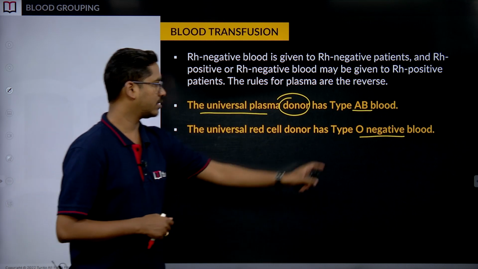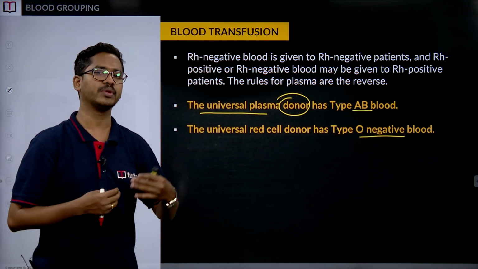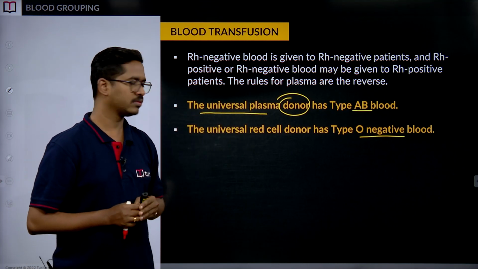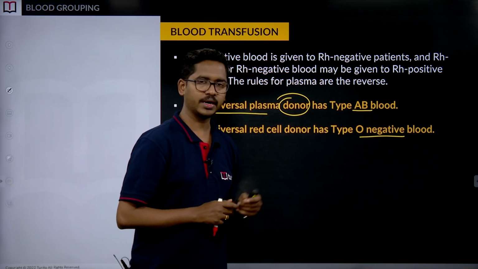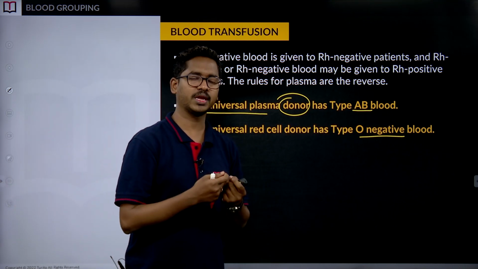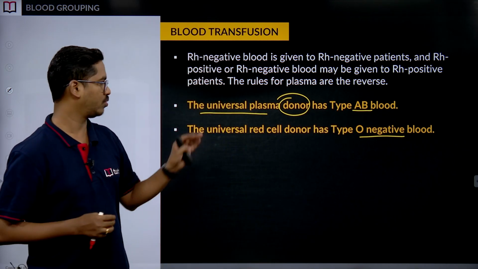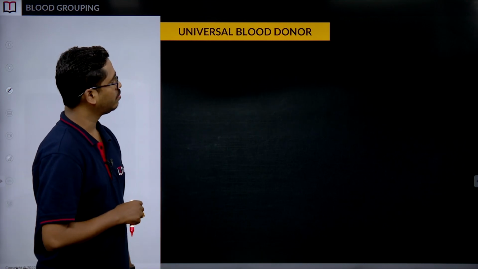Type O negative blood can be donated to everyone. Whereas if it is all about plasma, if someone has to donate plasma, it is AB blood, and the plasma taken from AB blood can be donated to everyone. That is what it means, okay. So, now you see the universal blood donor.